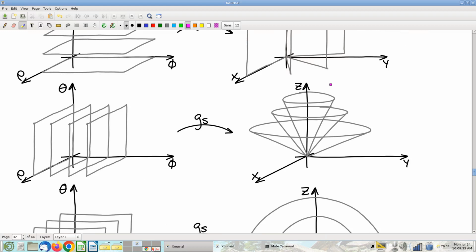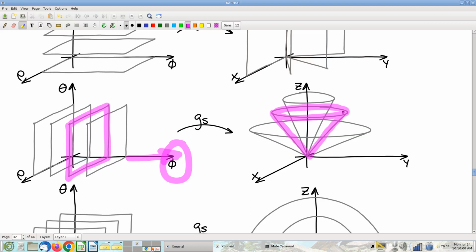And then likewise, what do phi slices look like? If I'm slicing perpendicular to the phi axis here, at a constant value of phi, remember, phi is the angle off the z-axis, so a constant value of phi means we're looking at points that are a constant angle off of the z-axis, and that makes a cone.